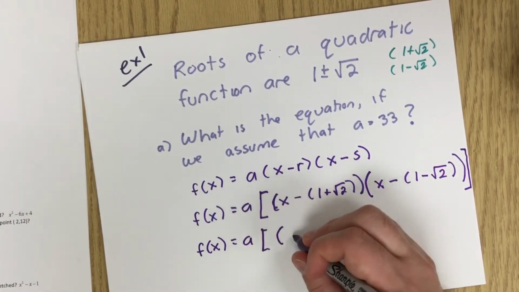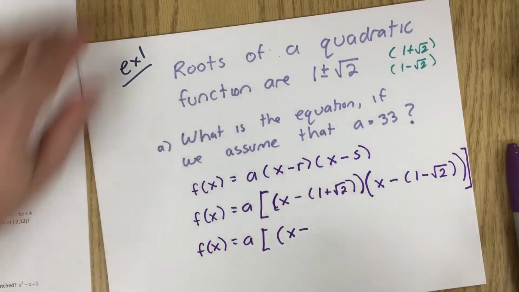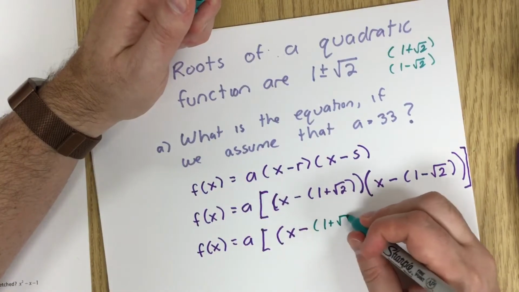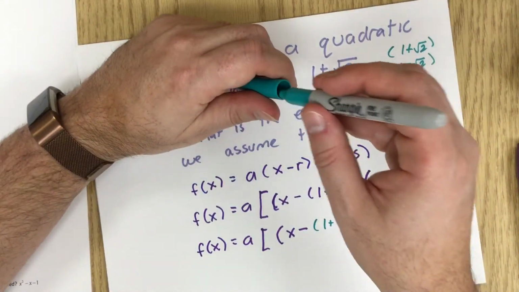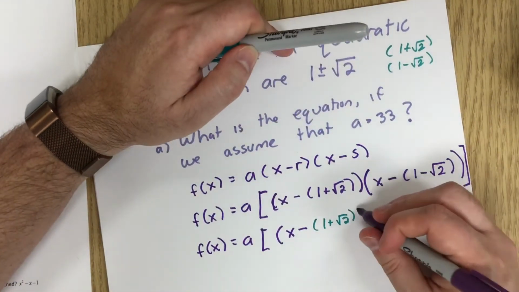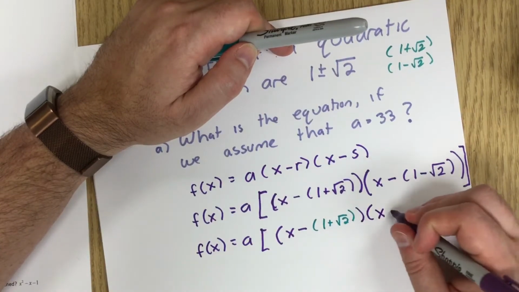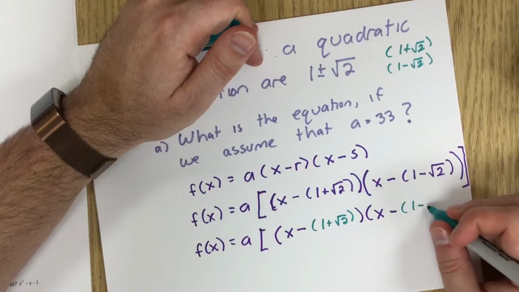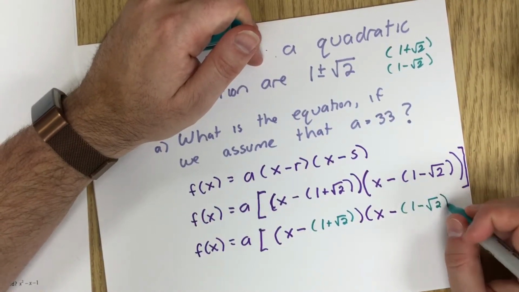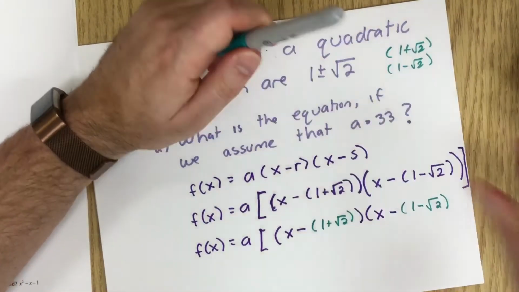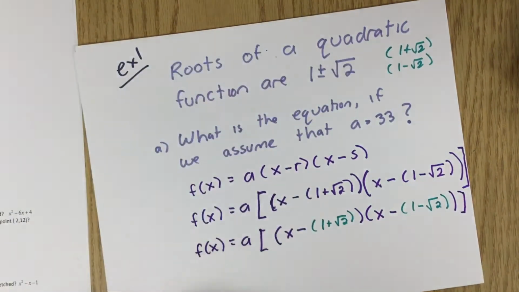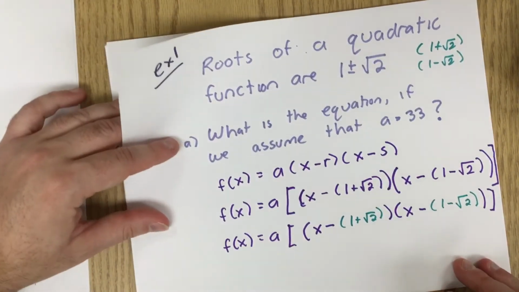So it's going to be x minus the first root times x minus the other root. Now we're going to need some space for this, so we're going to go on to the next page.